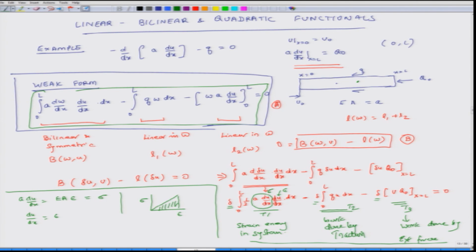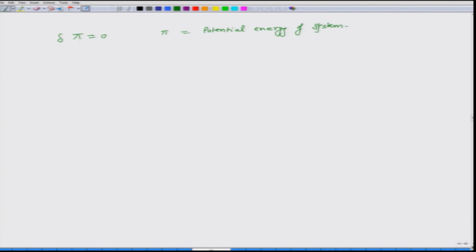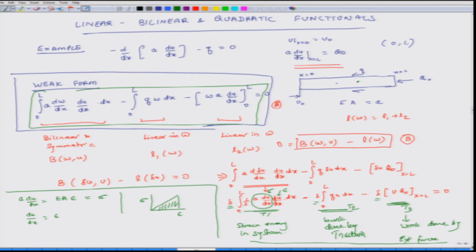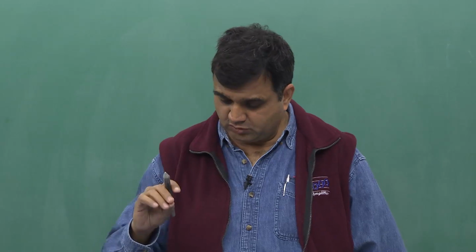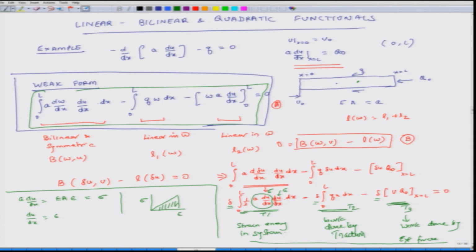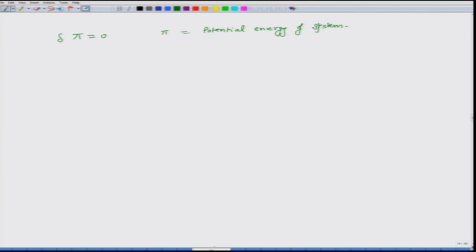So, the potential energy of the system is basically the sum of T1, T2 and T3. Okay. The potential energy pi, it represents sums of T1, and T1 includes the integral. It is not just at a point, it is the integral of all the small amounts of potential energies due to strain, potential energy due to traction and due to external force, right. So, it is a total integral quantity. So, it represents the total potential energy in the system.